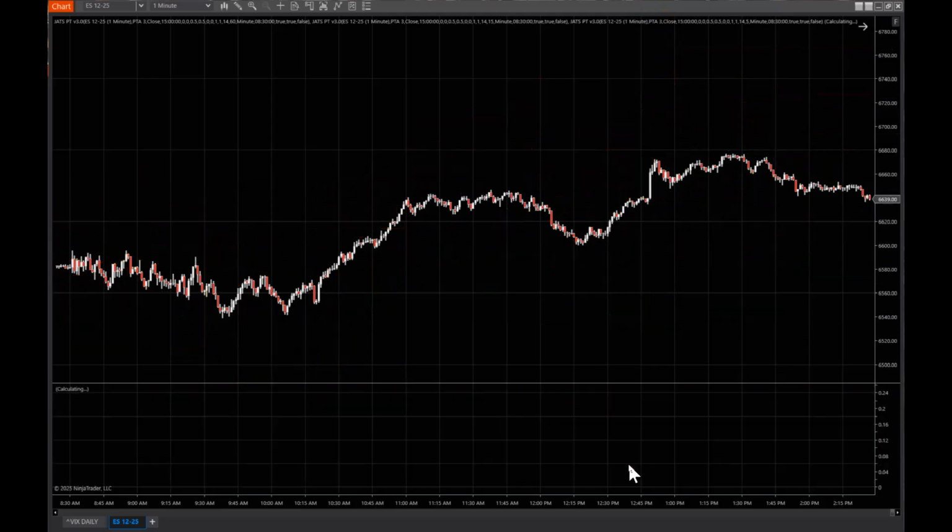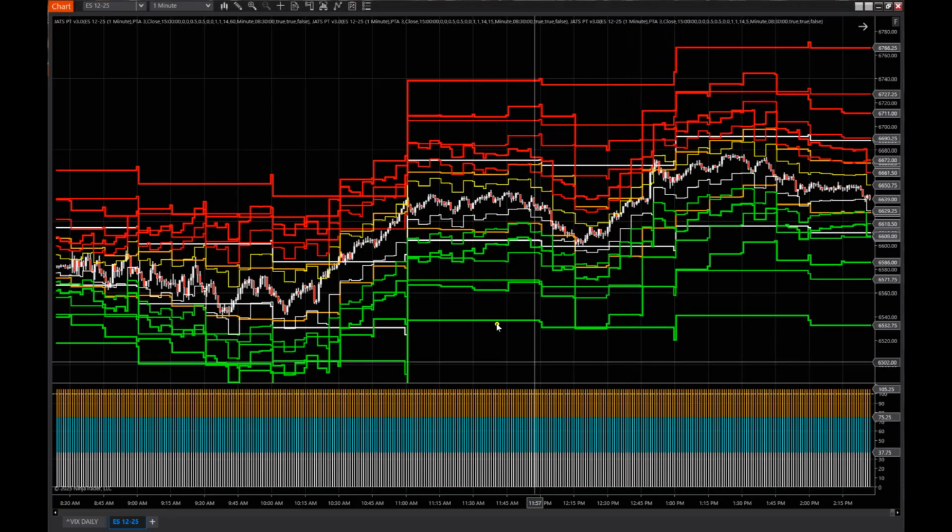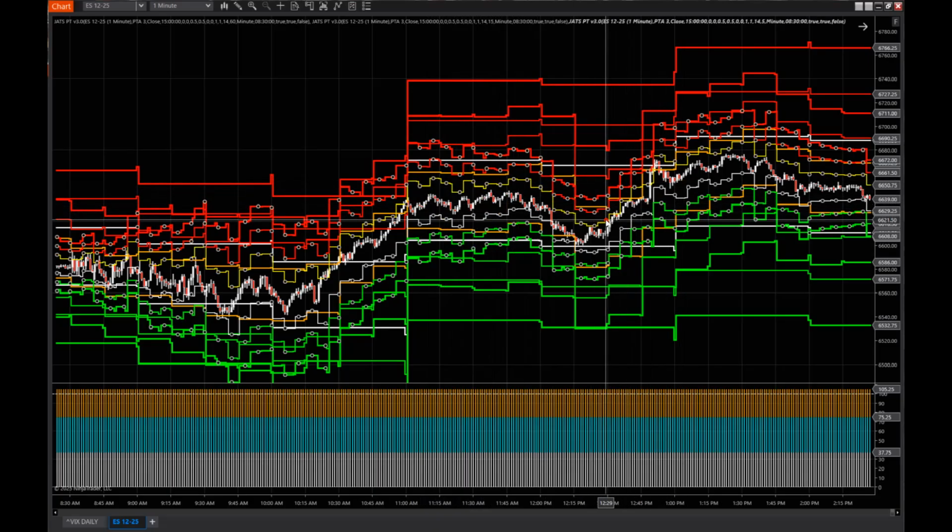Now, you can see that the market is trading inside. Oops, did I get the other one? I didn't change the other color. Hang on one second.